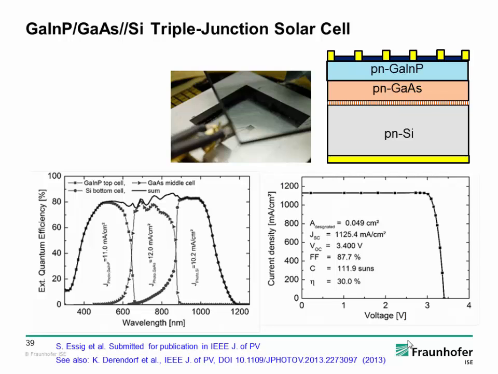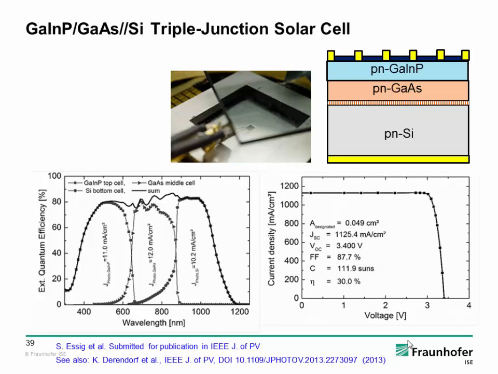We made recently also the first attempts to use an active silicon solar cell, and you can see here basically the results. This is the external quantum efficiency of this triple-junction solar cell made on active silicon. And this is, by the way, a concentrator solar cell, which you can also see it's a very tiny solar cell, and it achieved an efficiency of 30%.